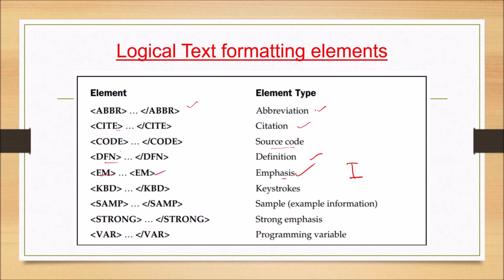KBD tag is for keystrokes, SAMP tag is for sample, and strong tag is for strong emphasis, which is similar to the bold tag, and then we have var, which defines programming variables.